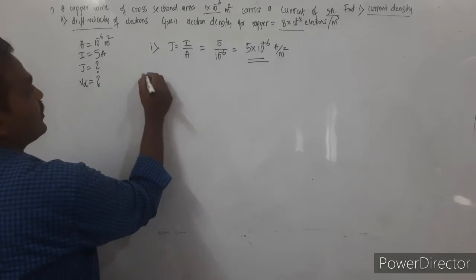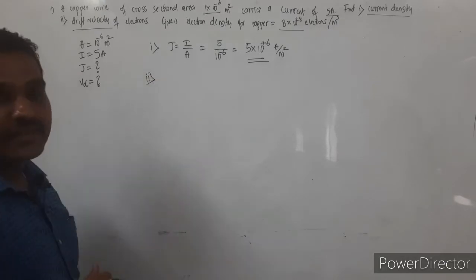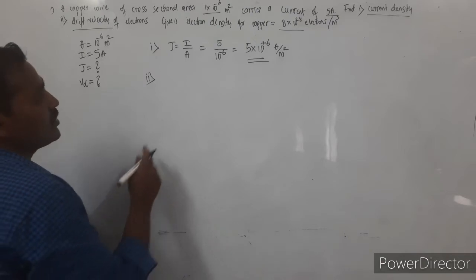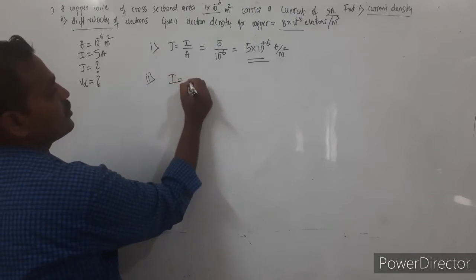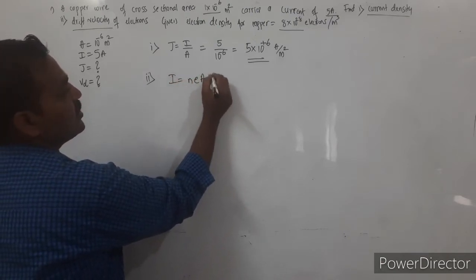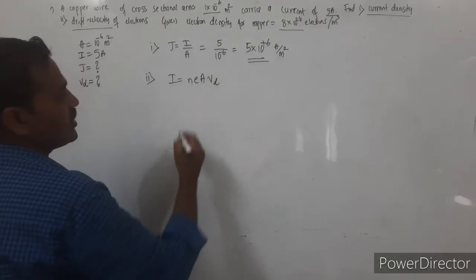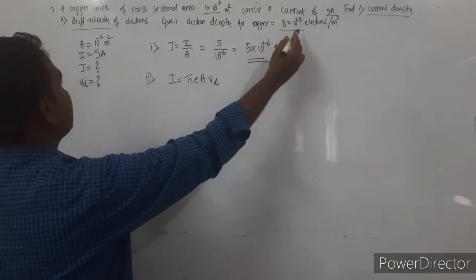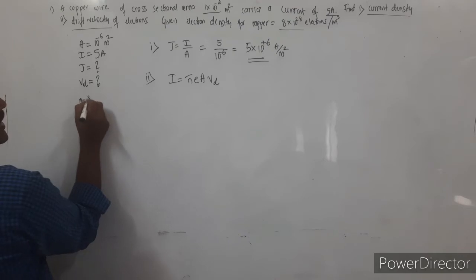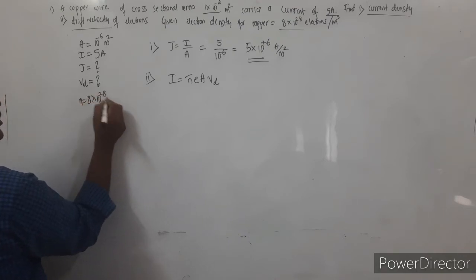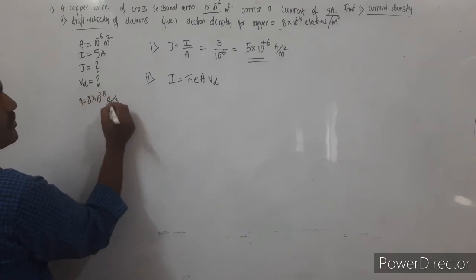And second, we have to find out the drift velocity of the electrons. We have the equation I is equal to N E A VD. N is already given, that is N is equal to 8 into 10 to the power of 28 electrons per meter cube.